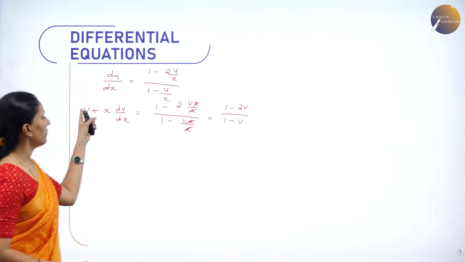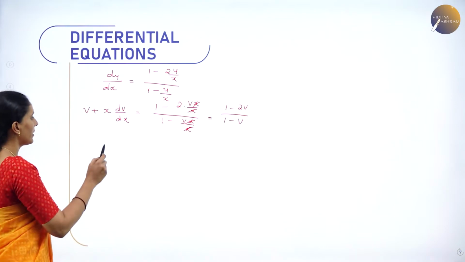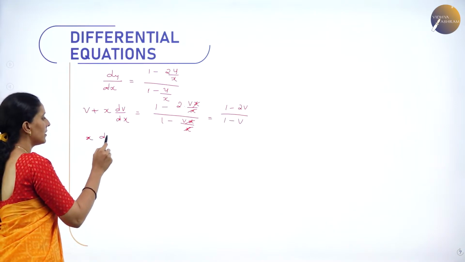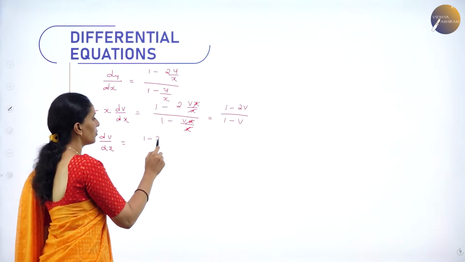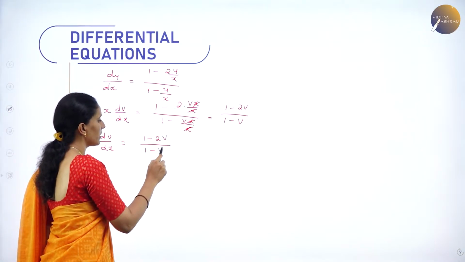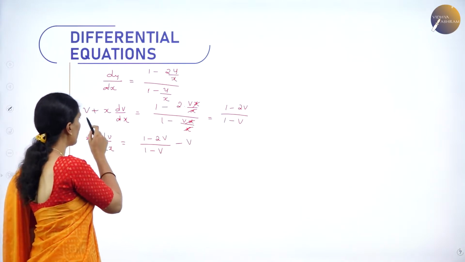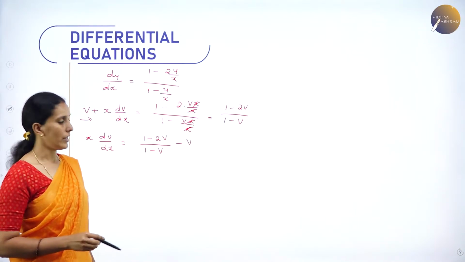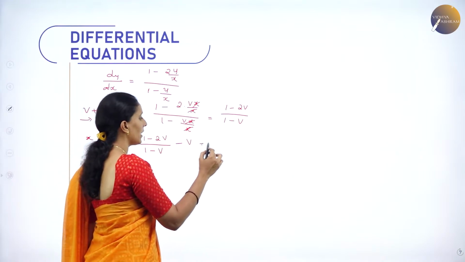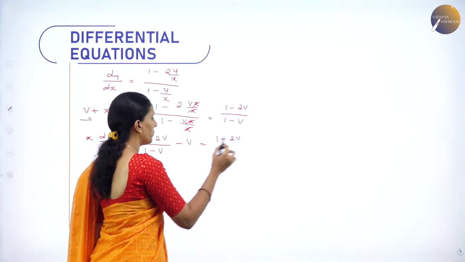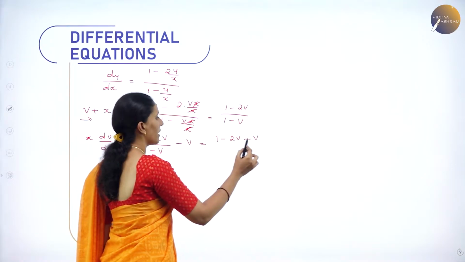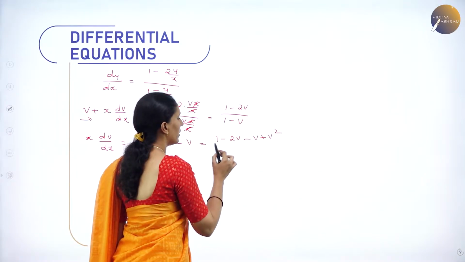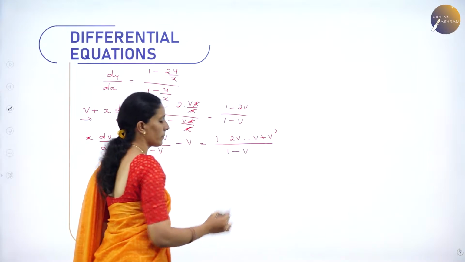Now here we will shift v to the right hand side. So then it is x into dv by dx is equal to 1 minus 2v divided by 1 minus v, minus v, because we have shifted v to the right hand side. On solving this, we will get 1 minus 2v. So 1 minus v becomes minus v plus v square divided by 1 minus v.